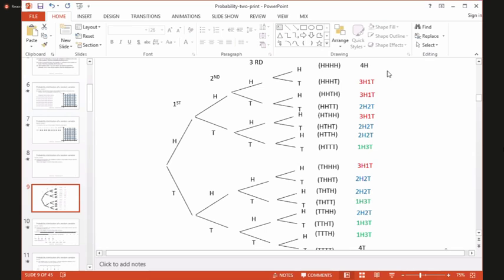The frequency is 4H only one, 4T only one, 3H and 1T 4 times, shown in red color. The maximum you get is 2H and 2T, 6 times. So observe that the frequency is different.